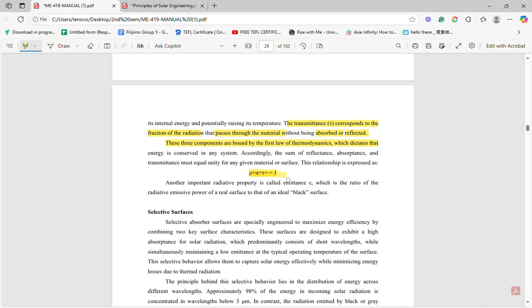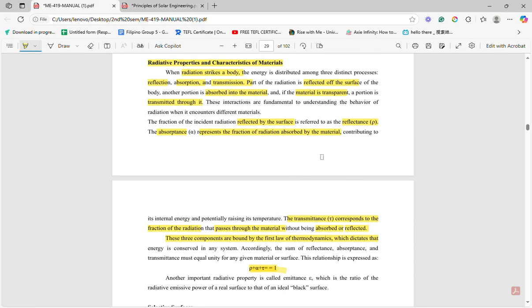So let's dig deeper into these three. What is the importance of these characteristics of materials? When we talk about reflectance, like what we have mentioned, this is the energy reflected by the surface.